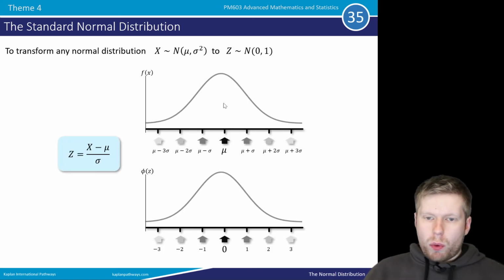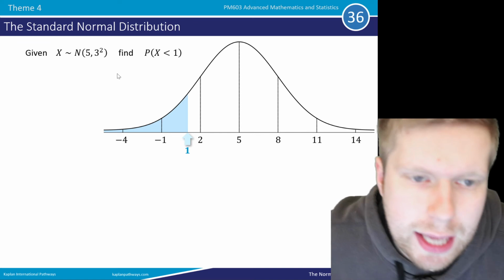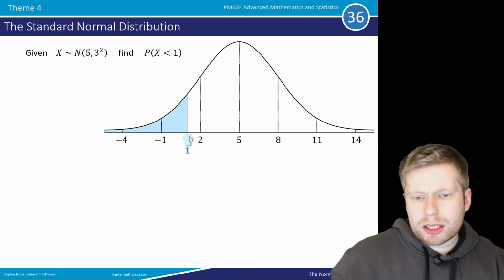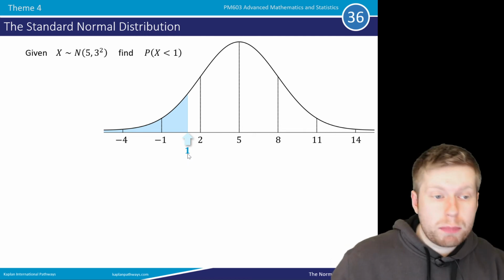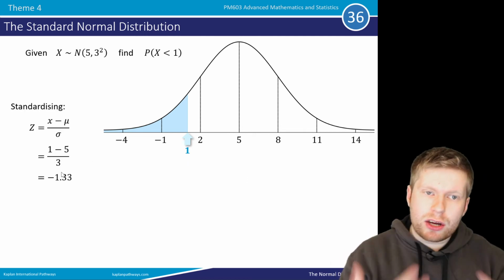So in other words, I'm basically taking this distribution and transforming it to be this. So let's have a look at our original question and go through it together. I'm basically asking how many units of standard deviation is 1 below the mean? Well, I simply follow my standardizing routine. So it's a standard normal distribution.